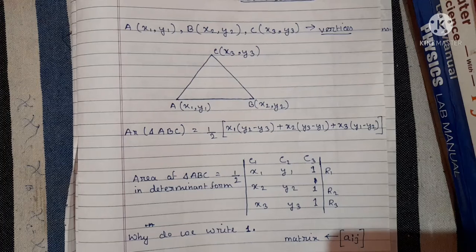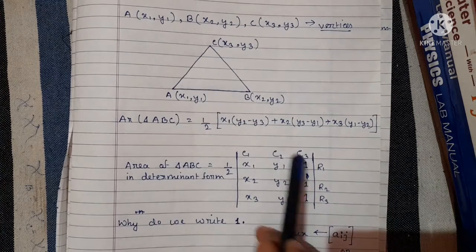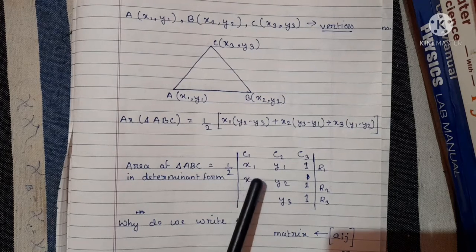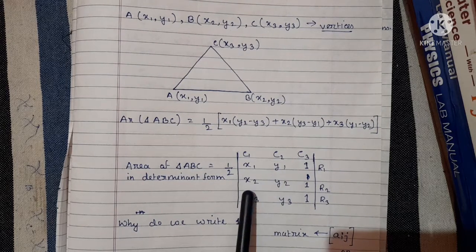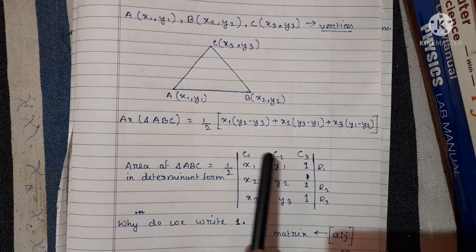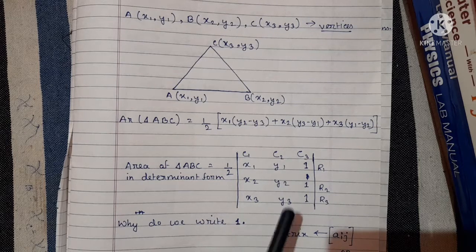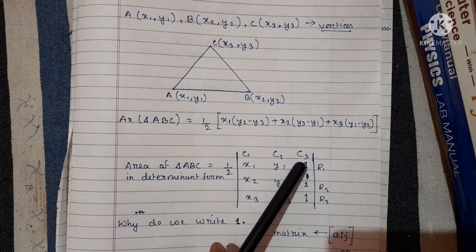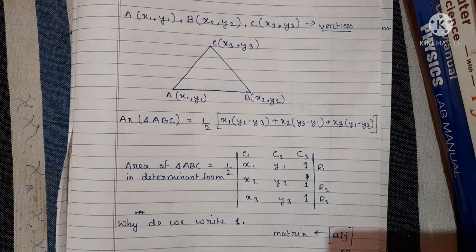But in this chapter of determinants we will be given the data inside a determinant, and we will be asked to find the area of the triangle ABC or any triangle, right? So I have written the data inside like x1 y1, x2 y2, x3 y3. These are the vertices of the triangle, and now I'm writing 1, 1 and 1, and you may have the question why we are writing this 1 1 1.